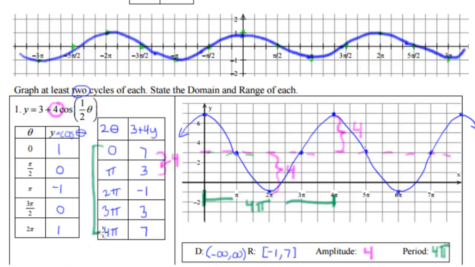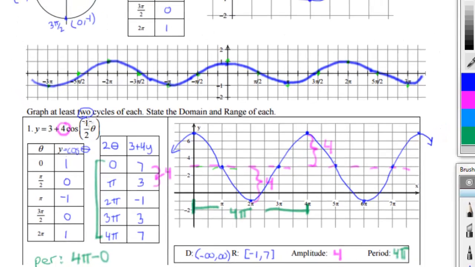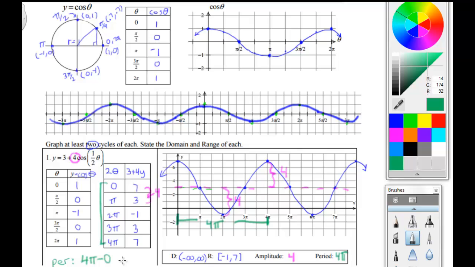It starts at 0 and ends at 4 pi. So the period is 4 pi minus 0. And you could also get the period from the function. Remember we went over last class that the period is equal to 2 pi over the b value, and so you could get the formula from there.